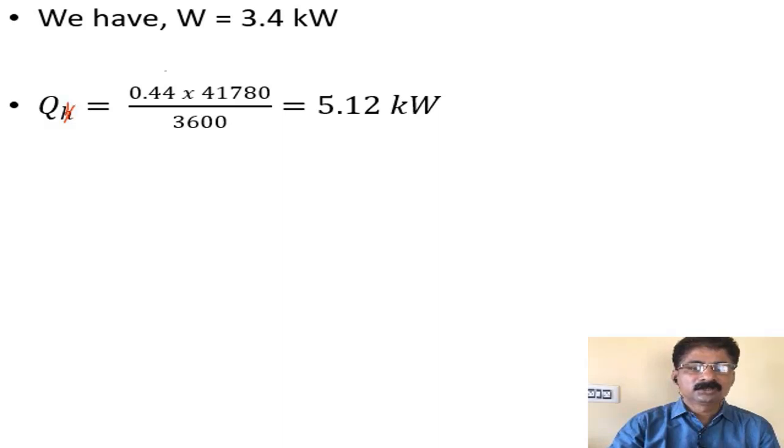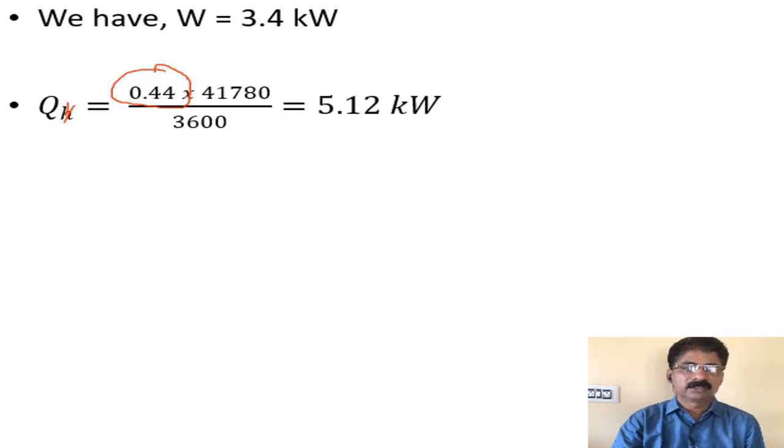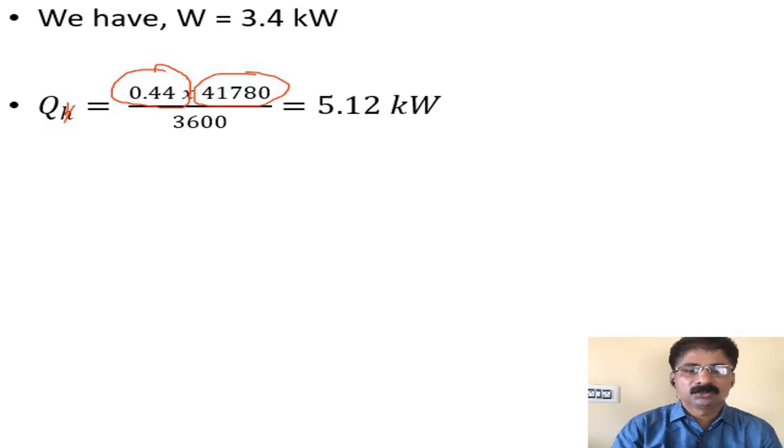I told you QH is equal to MF into CV. MF is the mass of fuel consumed, 0.44 kg per hour, and CV is 41,870 kilojoules per kg. If you multiply these two, you will get kilojoules per hour. But look into the unit of W. In the efficiency formula, which is W by Q, both have to be in the same unit.